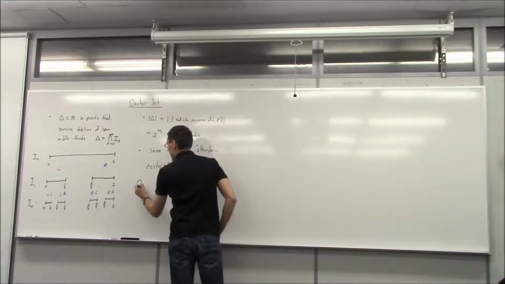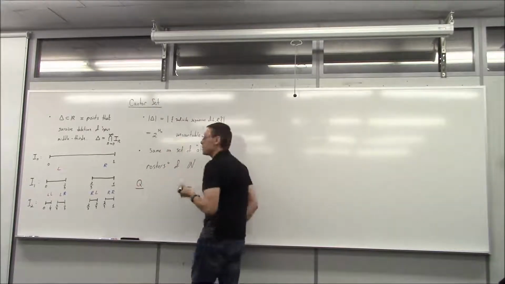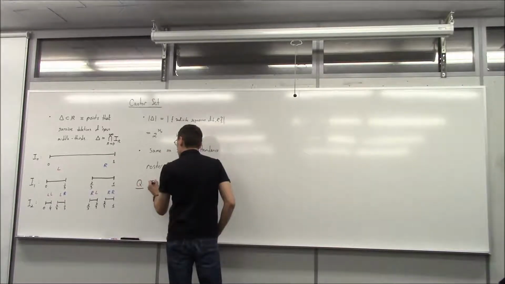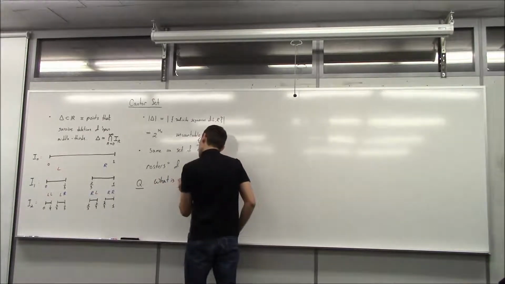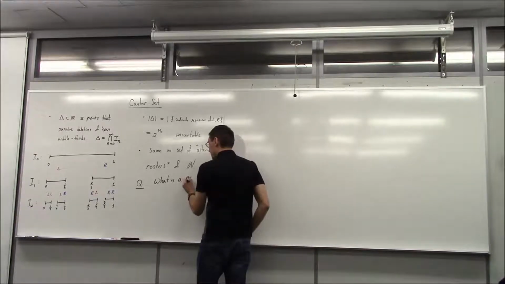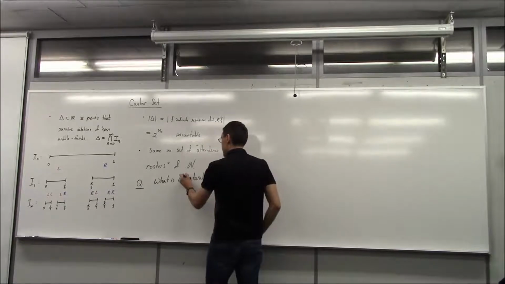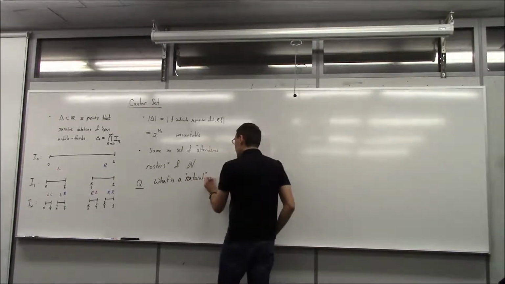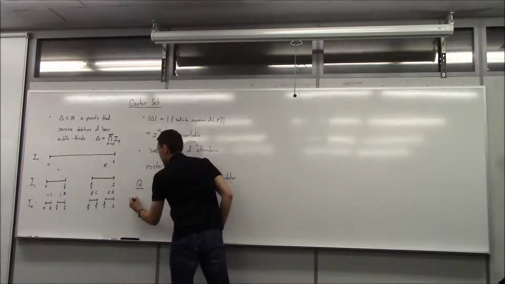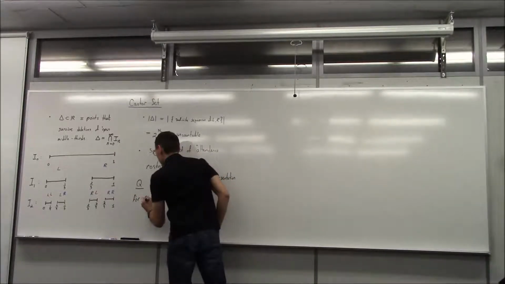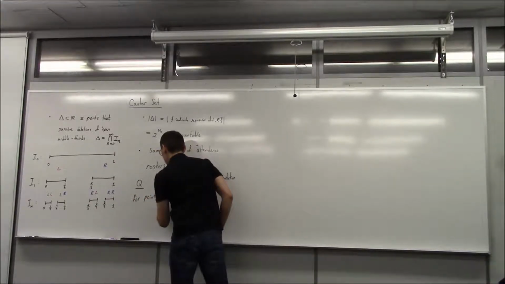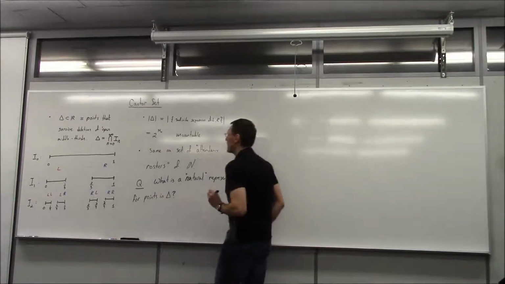So the question here: what is the natural representation for elements of the Cantor set?